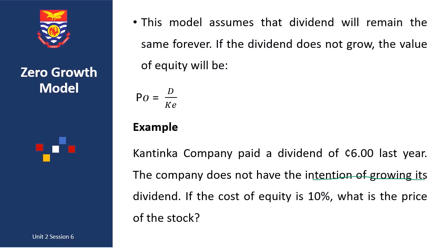If the cost of equity is 10%, what is the value of the stock? Since there's no growth in the dividend, it means that the current dividend is the same as the previous dividend. Whatever dividend I received last year, we are going to receive the same this year, and it's going to be the same next year. There's no growth in dividend.